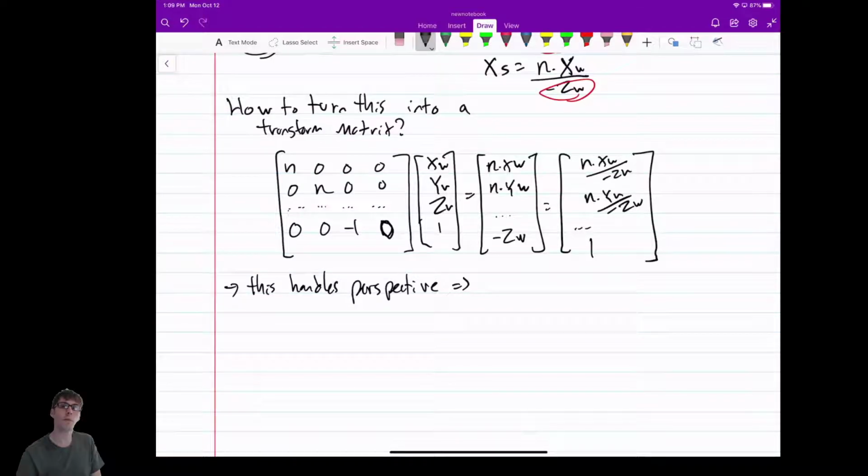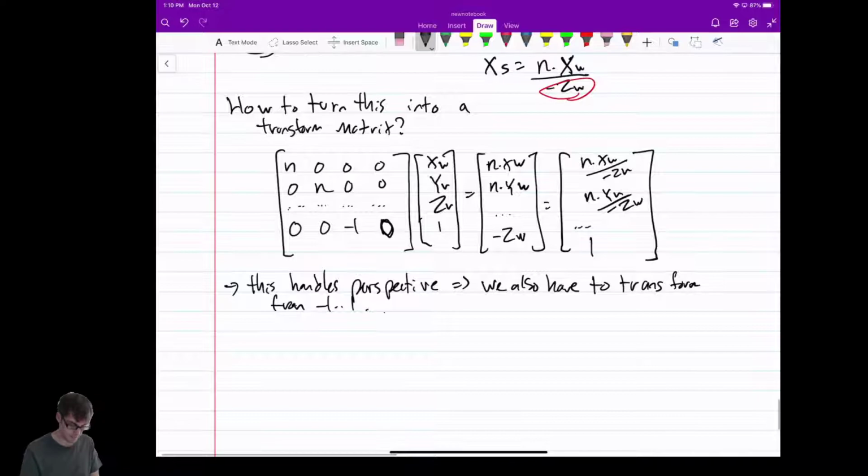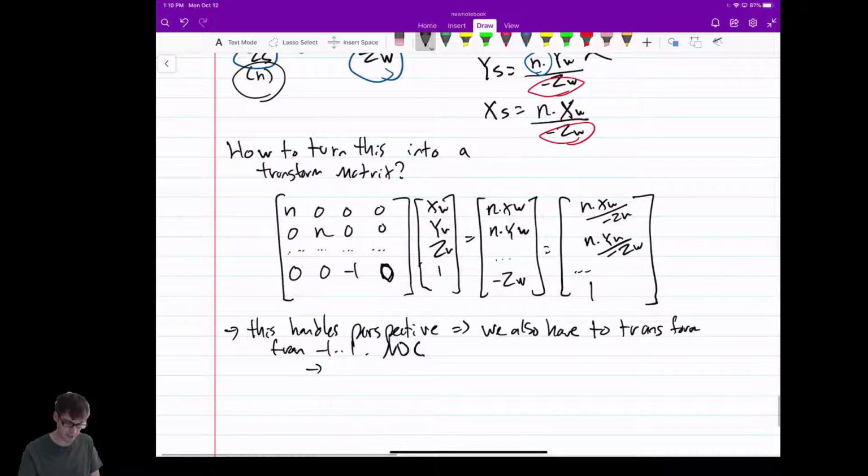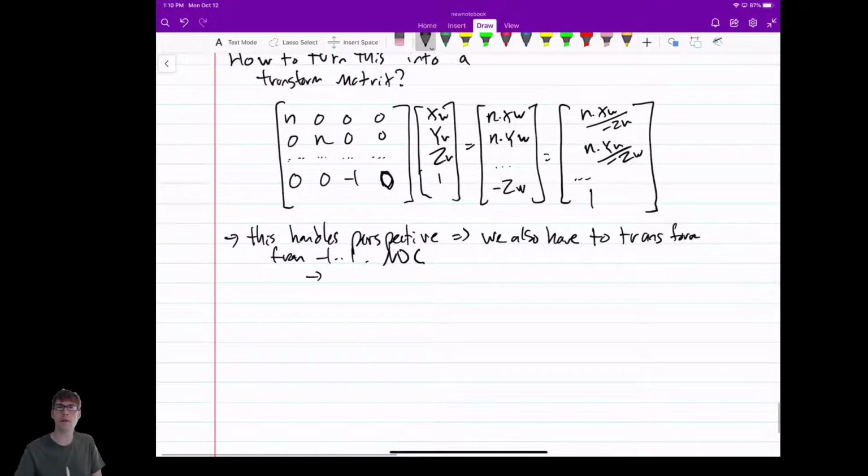If we're going to go to normalized device coordinates, we also have to transform from -1 to 1. So that's kind of like what we did for orthographic. It's very similar, but the math turns out to be different because we have this multiplication for near and far and this division that changes things a little bit.